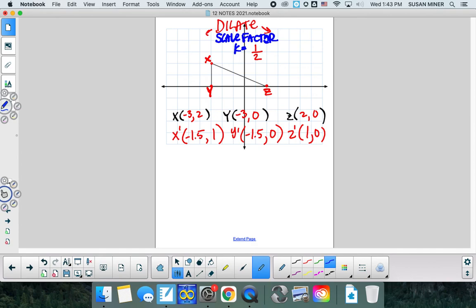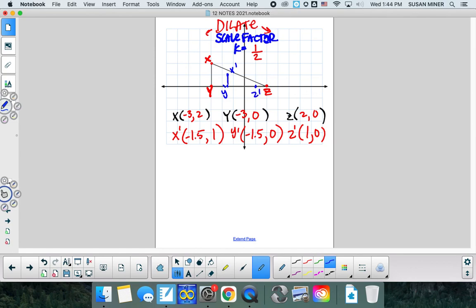Then what I want to do is regraph this object. I need to go to -1.5. So I need to go 1, and then I need to go halfway through the next box, but then I also need to go up 1. So halfway through the next box, but up 1, that's going to be my X prime. And then Y prime is going to be halfway through that box as well. That's going to be Y prime, and Z prime is going to be at 1, 0.